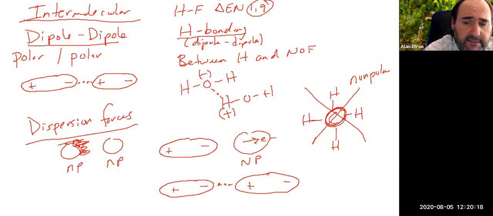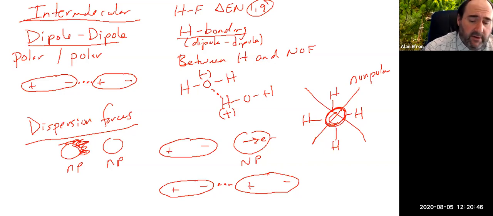It's got a positive side and a negative side, so it's perfectly good to start binding and doing these intermolecular forces. When you have something nonpolar, it's not able to do that, because it has to rely on either the electrons moving around to create a temporary charge, or on something coming near it to create a temporary charge.